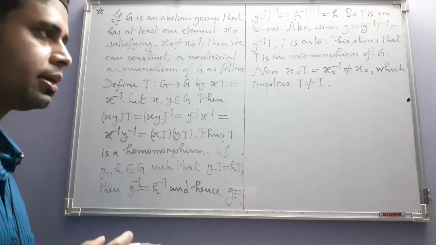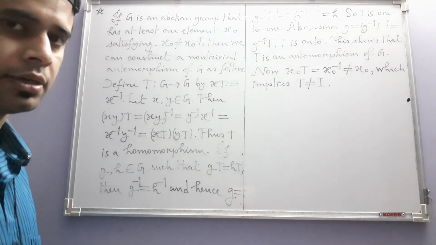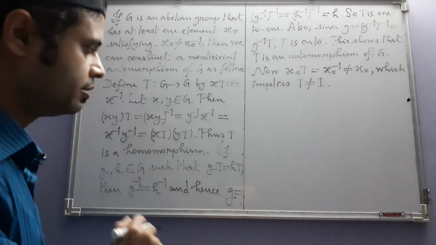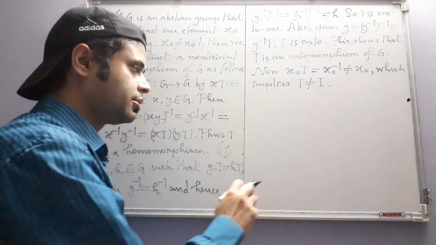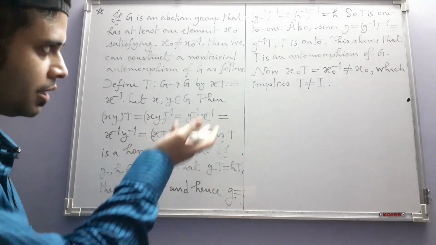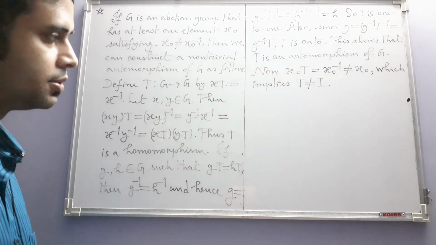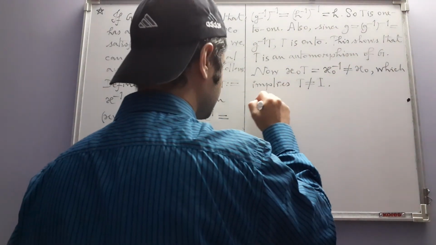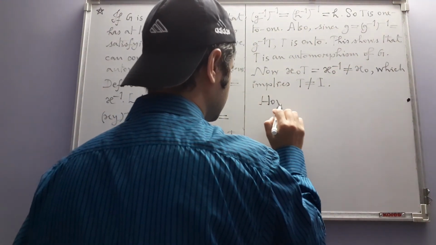Non-abelian groups usually are much harder than abelian groups. However, in this particular case, surprisingly, the task of finding non-trivial automorphisms is much easier than what we have in abelian groups. So, in the next paragraph, the author writes this.